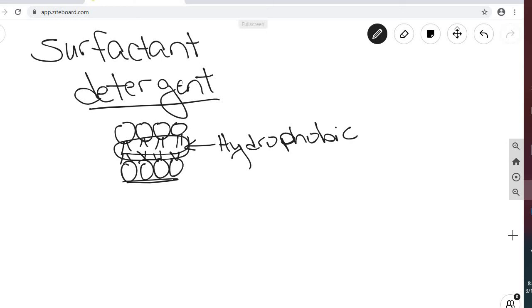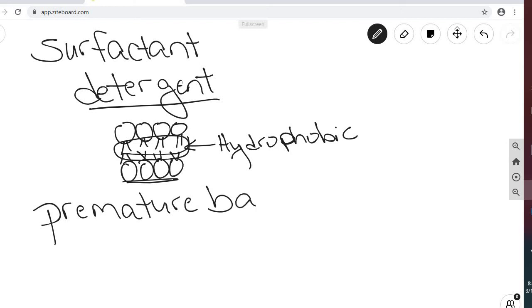One of the problems with premature babies is that surfactant is one of the last things to develop in a baby's lungs.